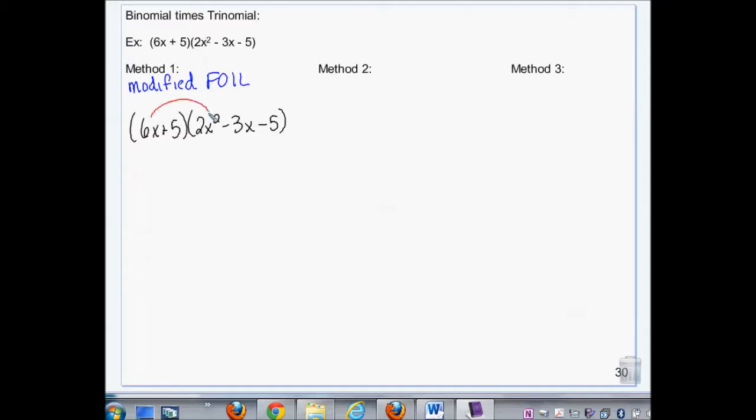So I'm going to do 6x times 2x squared, and that's going to give me 12x to the third. And then I'm going to do 6x times negative 3x, which is going to give me minus 18x squared.